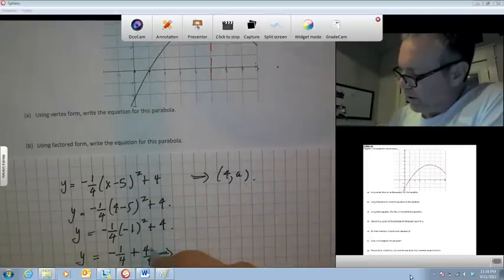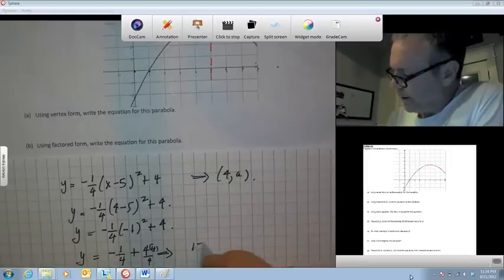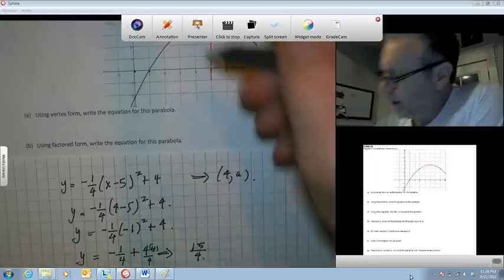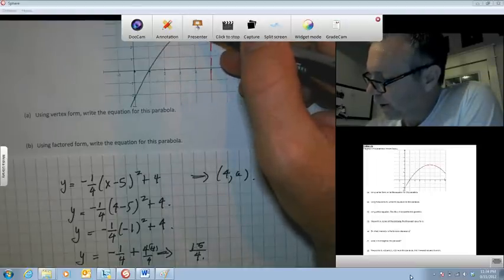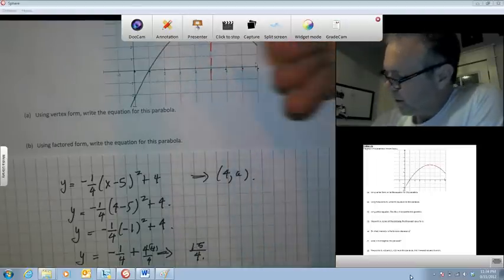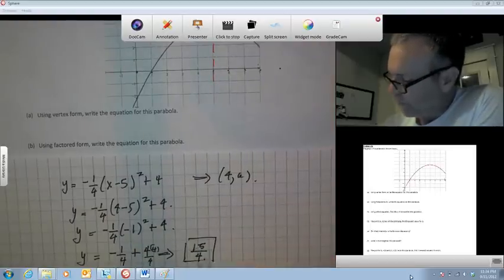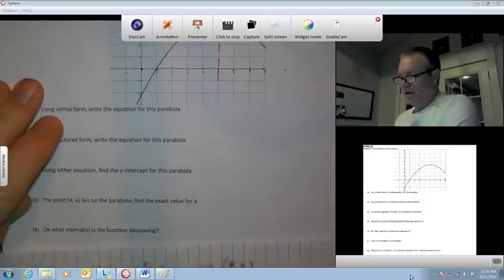And finding that fraction, we get 15 over 4, which looks to be about, at 4, a little more than 3, a little less than 4. And that's what we got here, 15 over 4. We're going to box that up and then move on to the next part.